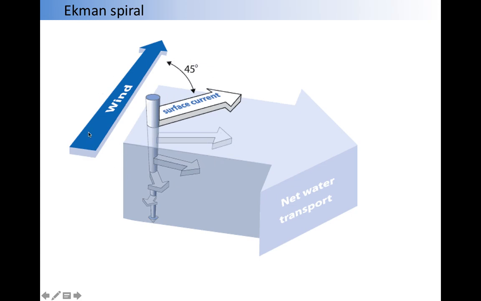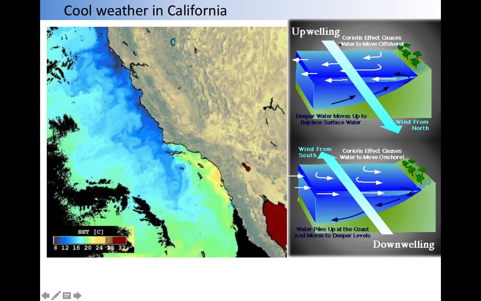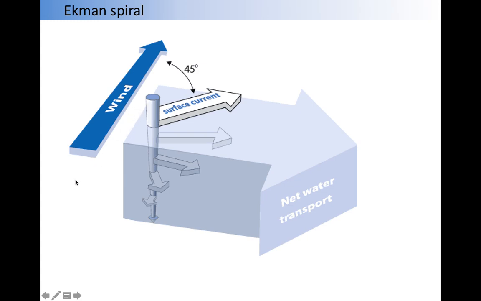And this is an open ocean case, so we're going to move the domain to the shore to see a more general description of it. However, I just want to give you wind blowing in one direction. This Ekman transport is 90 degrees to the right for the northern hemisphere.